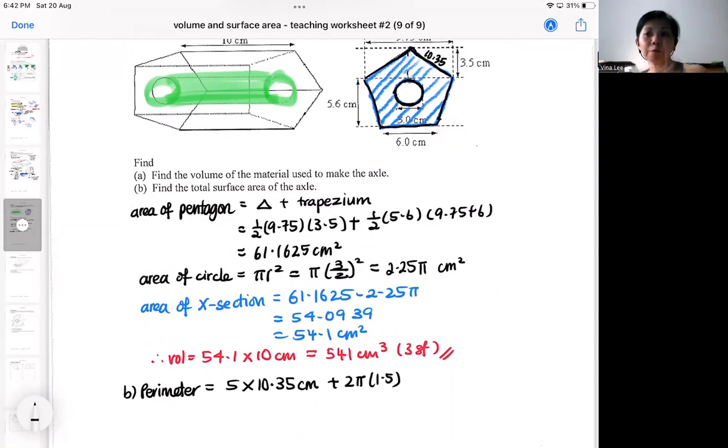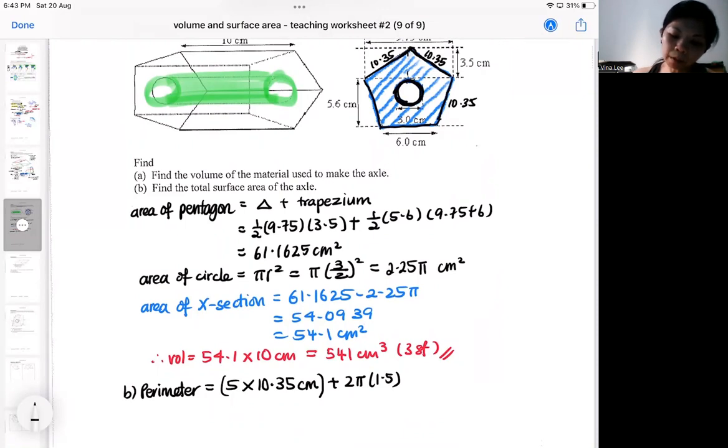A lot of people will end up subtracting the circumference. That's not correct. Perimeter is the sum of the edges. So you should be adding up all the edges, including this circular thing, which is part of the edges.